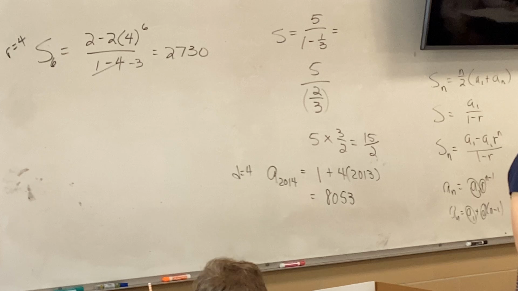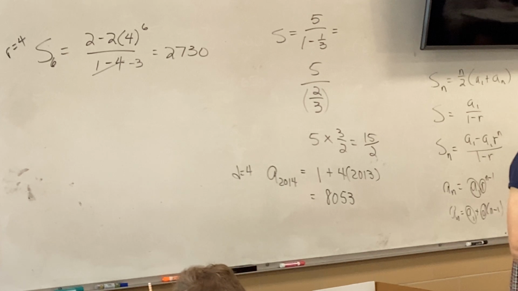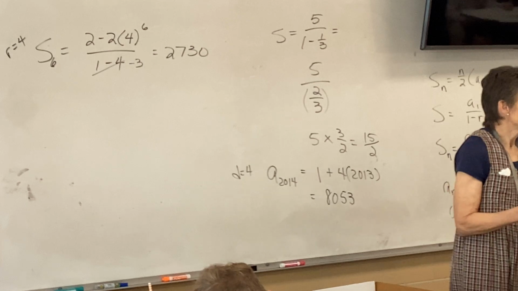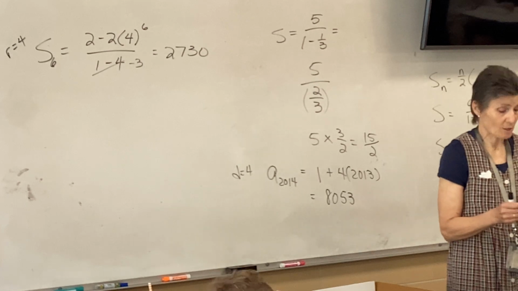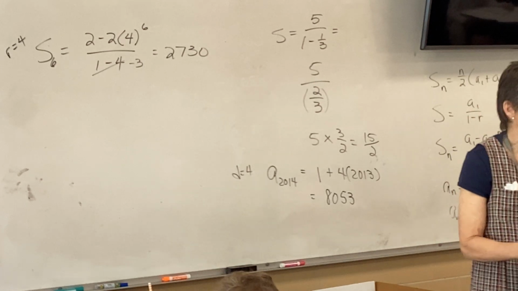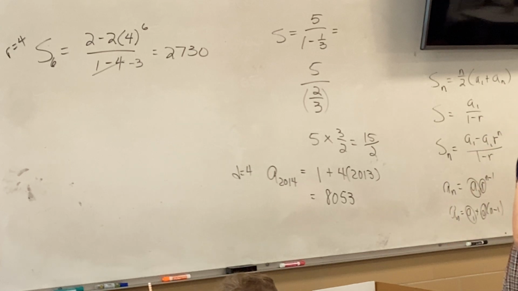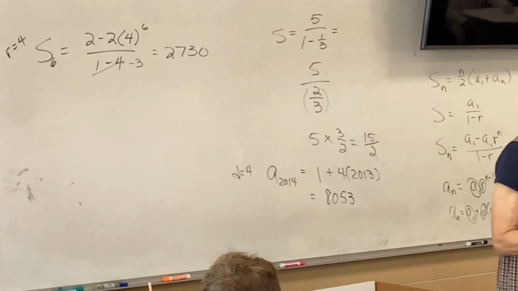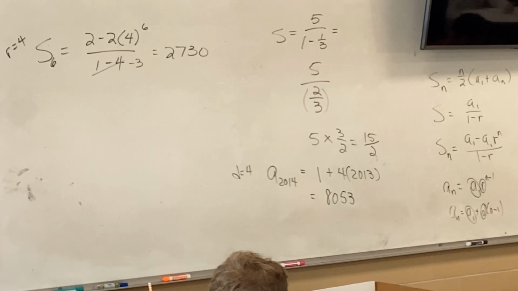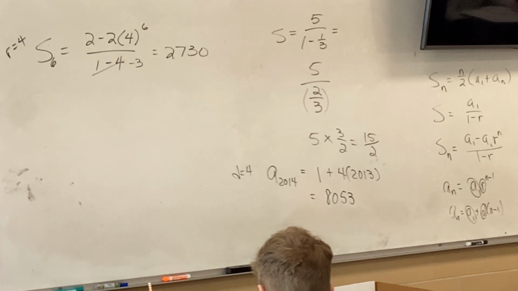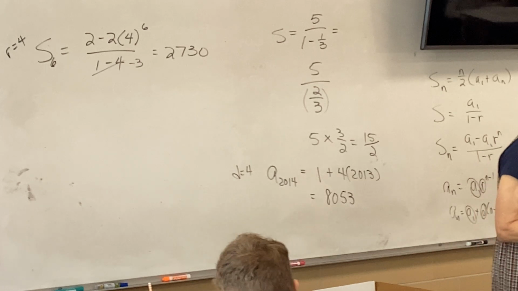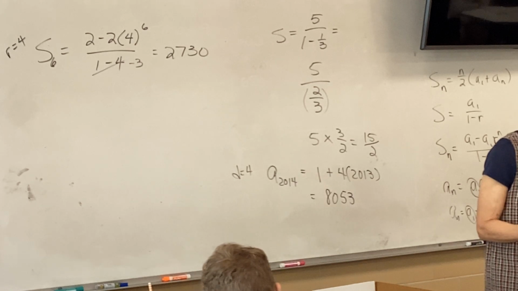How about B? 3 over 2. 3 halves. 3n over 2n. How about C? 0. 0 n cubed over 4n cubed. Right? 0 divided by 4, 0. How about D? 0.